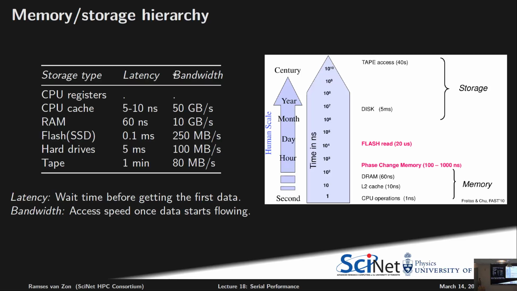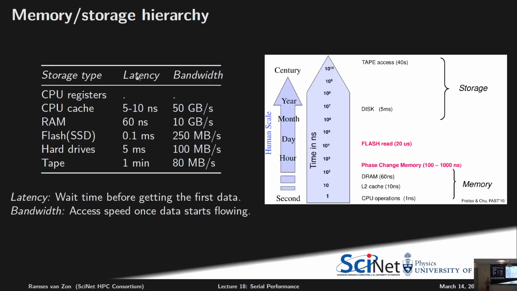But one thing that really matters, especially if you haven't optimized your code yet, is latency. So bandwidth is really the speed at which you get data once it's flowing. The latency is how long it takes for this flowing to start. You can imagine that every time you ask for some data, imagine that it takes some time for that request to be processed.